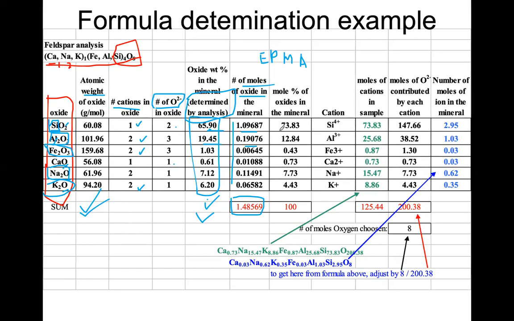So you get 73 for silica, 12.8 for aluminium oxides. Mole percentage. So you have the total here, you have each individual moles, and then you calculate the percentage of that. It should sum up to 100 if you made it correctly.